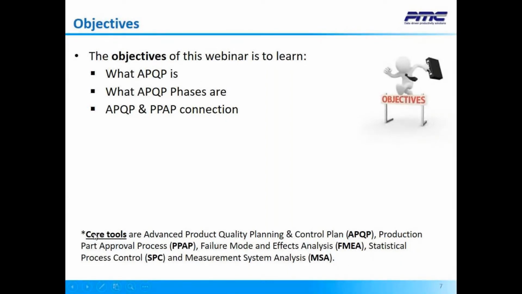We call them core tools in the automotive world, and they are advanced product quality planning and control plan, APQP; production part approval process, PPAP; failure mode and effects analysis, the FMEA, of which there are two types, design and process; statistical process control, SPC; and the measurement system analysis, MSA. But today, our focus is going to be on APQP.